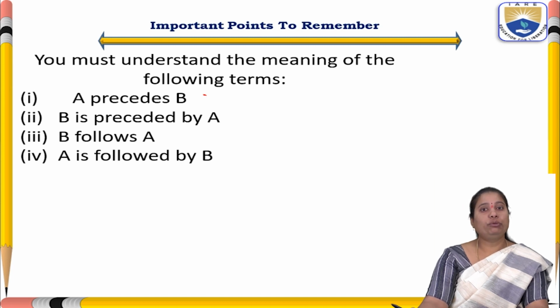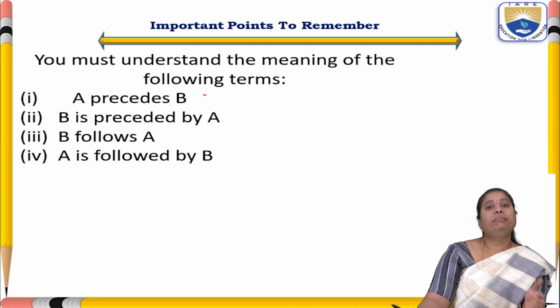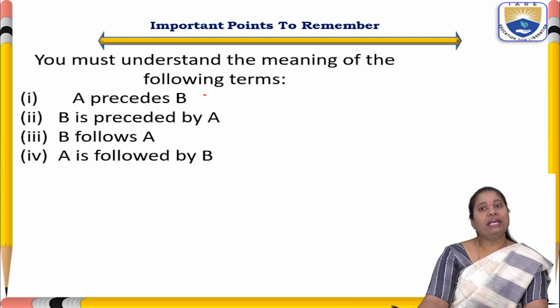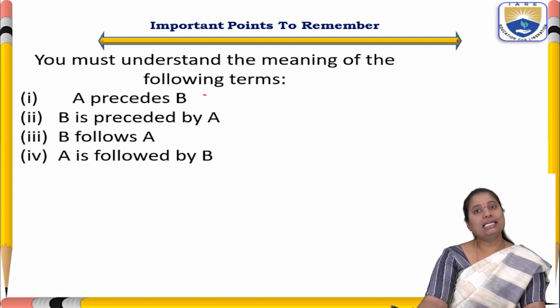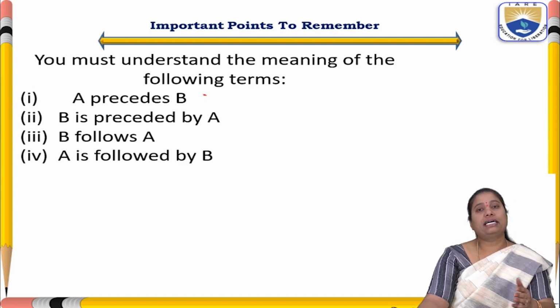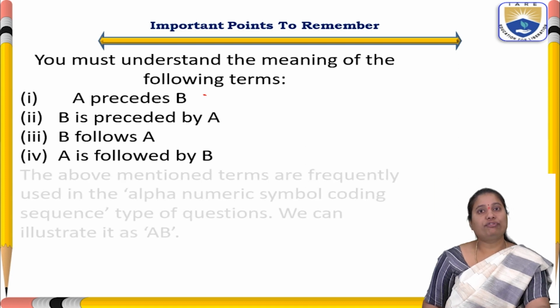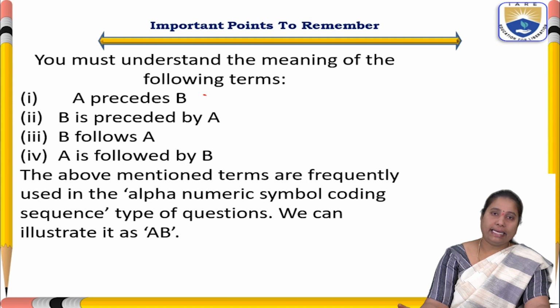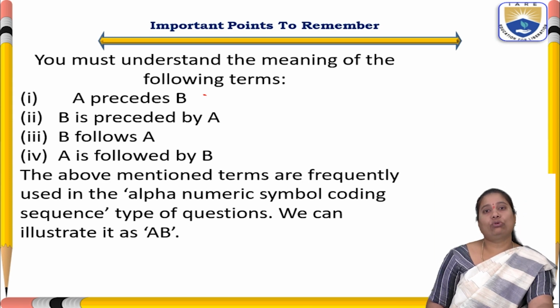That is, A should be on the left side and B should be on the right side of A. And B is preceded by A means again A comes first and B is the next one. Like this, we can arrange the seating arrangement of students or people, or anything they ask you, in a row or in a column.